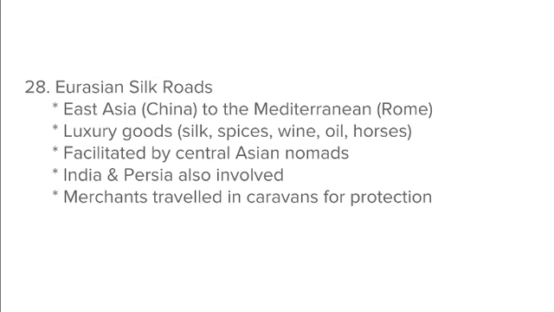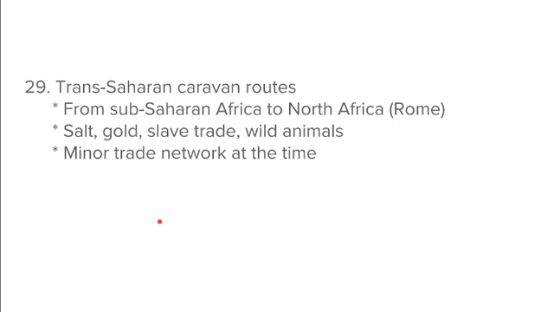So you need someone to guide you, and that's the service that the nomadic people of the Central Asian steppe would have provided. India is involved in this trade network, as is Persia, and we see the development of caravans, where merchants team up together and travel together because there is safety in numbers.